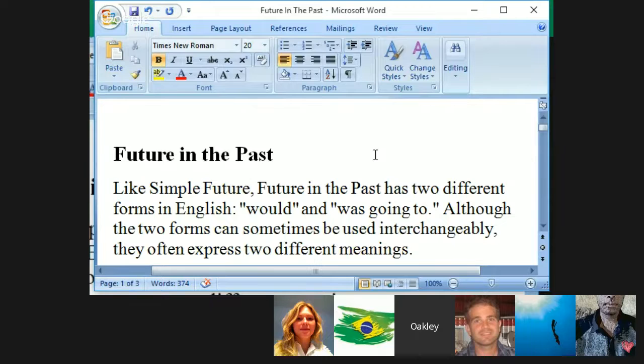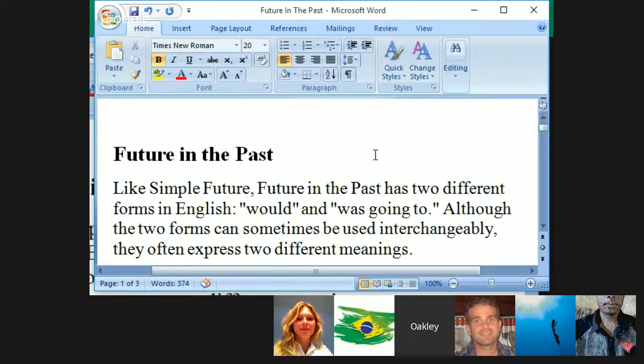Future in the past has 2 different forms. As in simple future, we have will, I will do something, and going to, I am going to do something. That's in the simple future. Future in the past has 2 different forms. Instead of will, we have would.